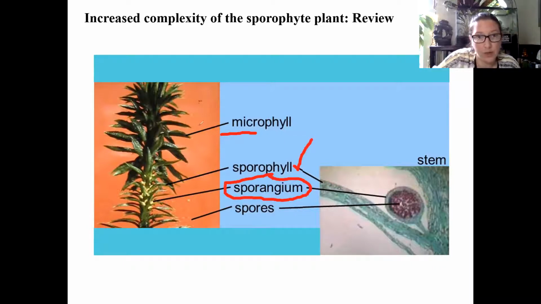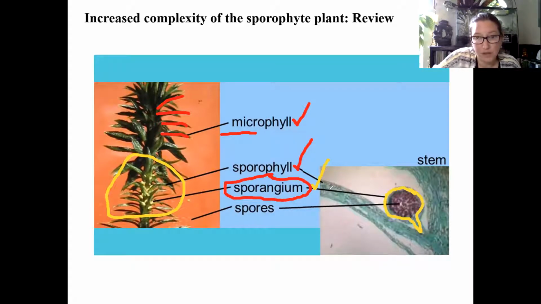So here, up here, these are just simple microphylls with no sporangia on them. So we just call those microphylls. These microphylls down here happen to have a sporangia on them, right? Look, here's the sporangium.